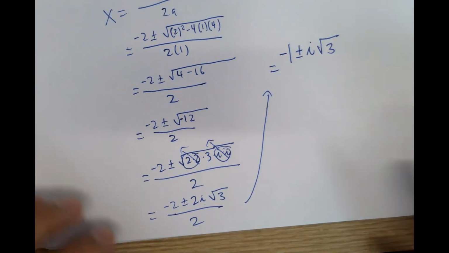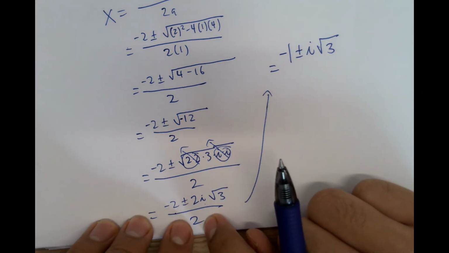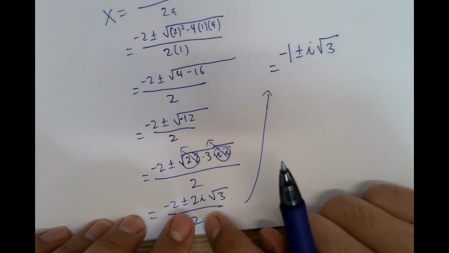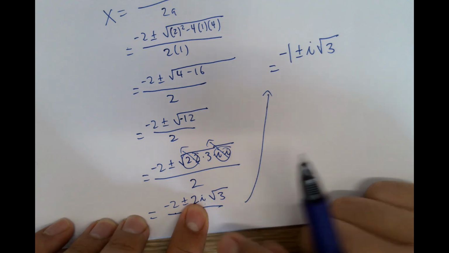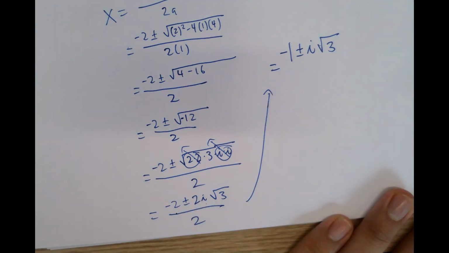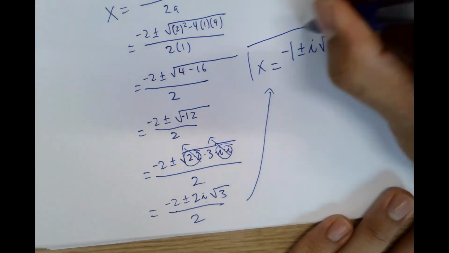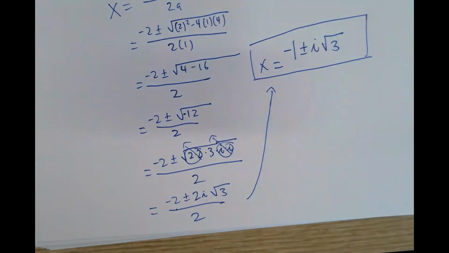The reason is that 2 goes into both negative 2 and 2i times the square root of 3. So your answer would be x is equal to negative 1 plus or minus i times the square root of 3. Okay, and that would be your answer.